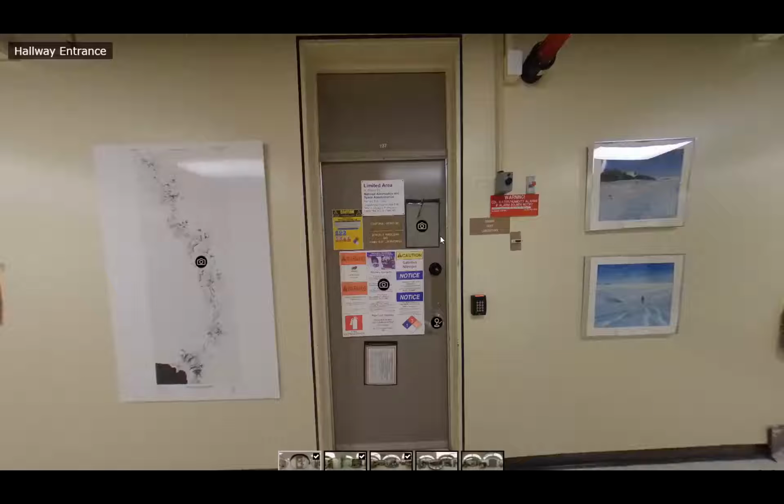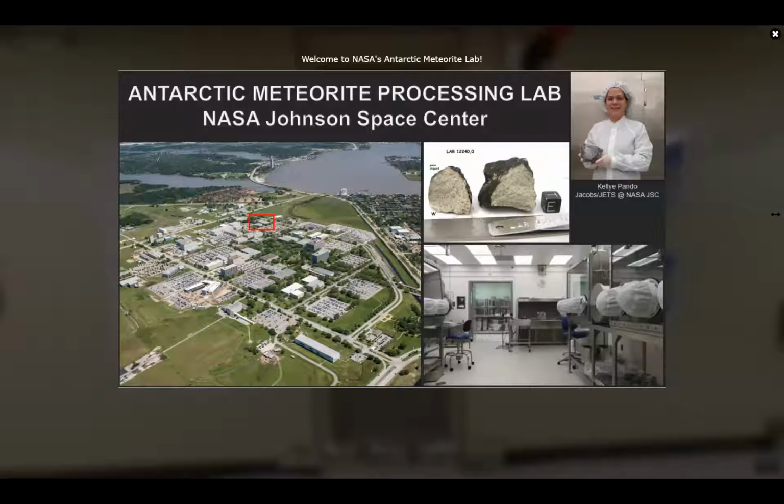All right, so I work in the Meteorite Processing Lab at Johnson Space Center. Just a quick little background on myself. I got my bachelor's degree in geology in 2007. After I graduated, I participated in an internship with the Lunar and Planetary Institute, and I got to work in one of the planetary research labs here at Johnson Space Center.